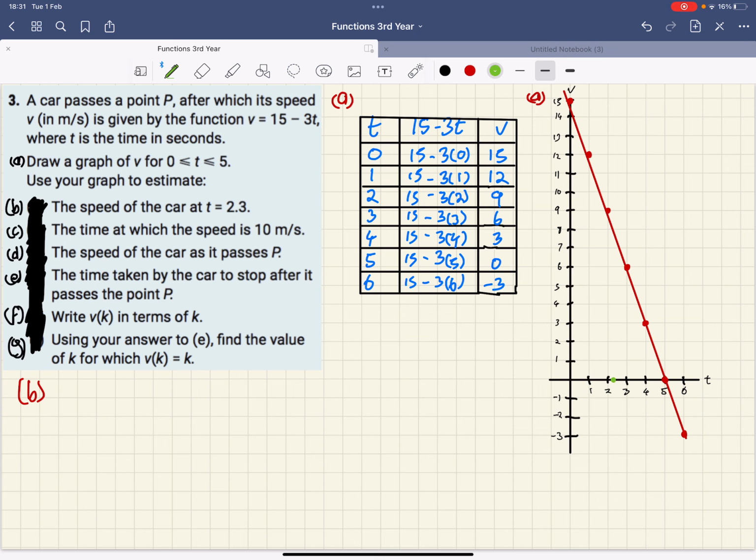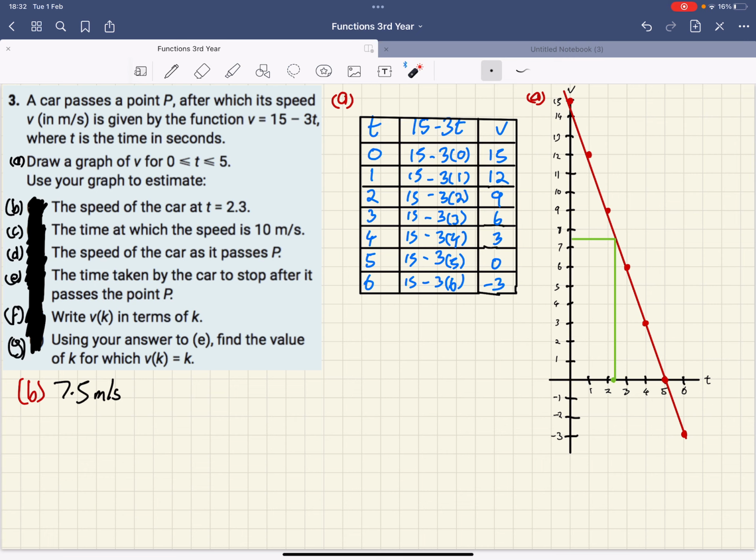I bring it up and let it touch the line, and then I go across and I get roughly... now remember, there's going to be tolerance here, as in if the answer is 7.4 and you say 7.5, that's okay. I'm going to say 7.5. So the answer is 7.5 meters per second. By having drawn this line, I'm showing that my work was done on the graph.